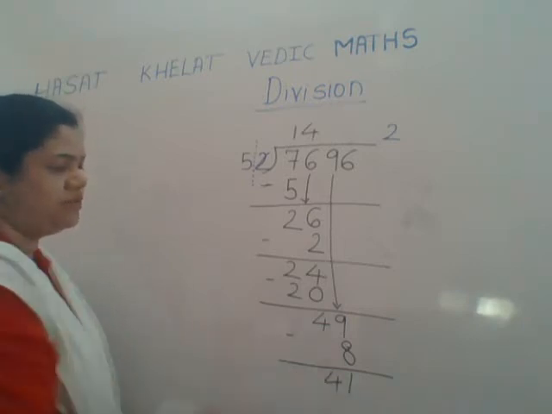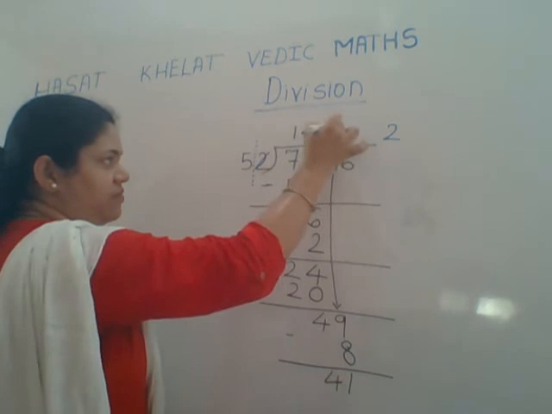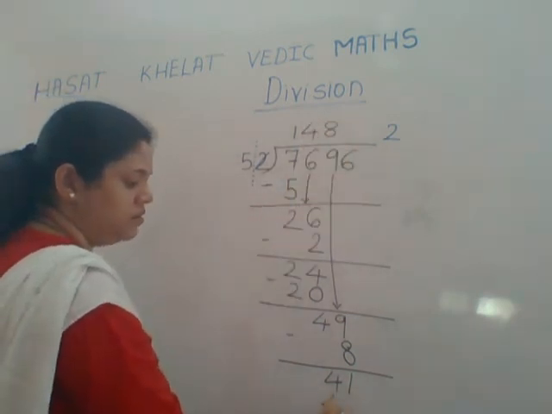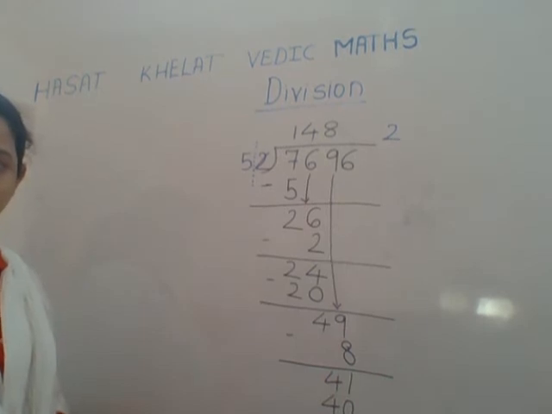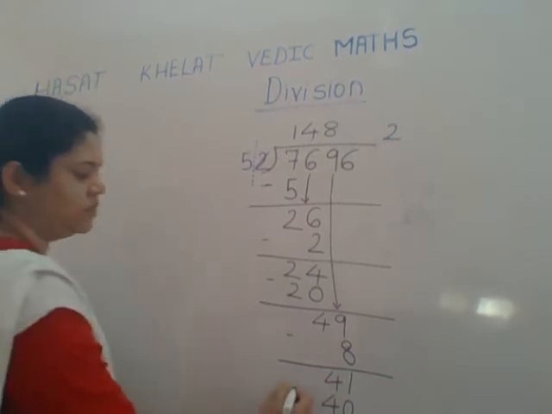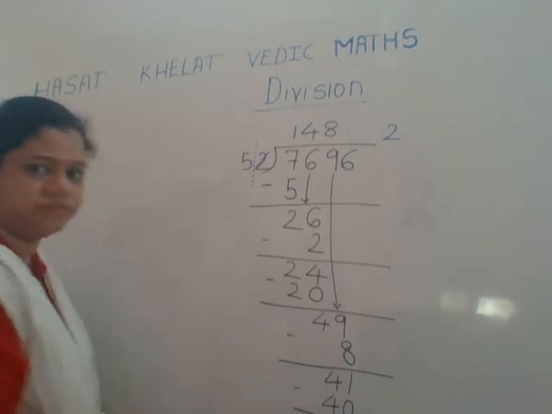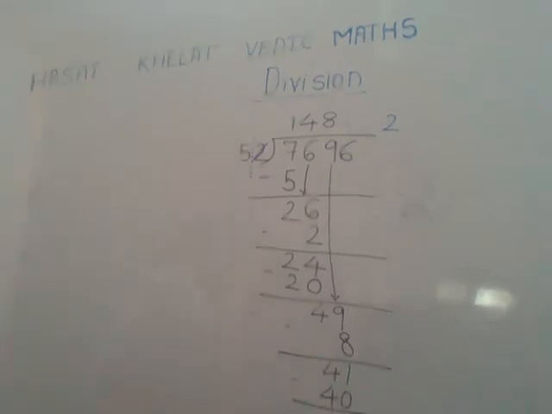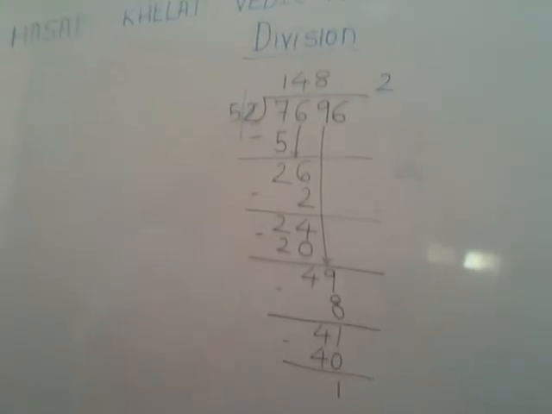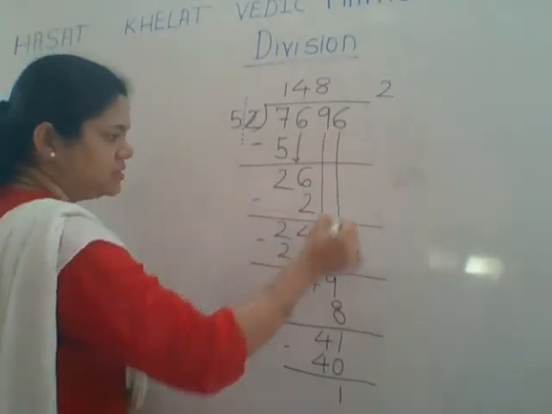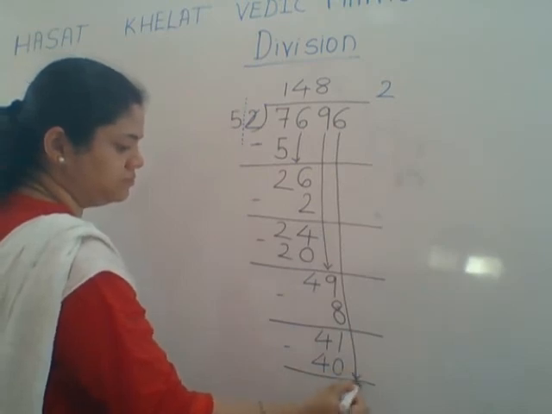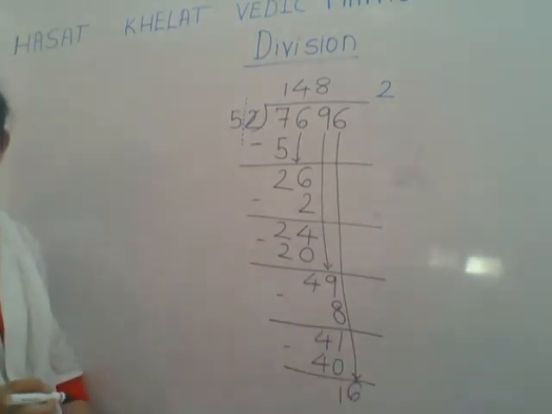Now this 41 is divisible. 5 8s are 40. What remained? 1. 1 is not divisible, so I will take this 6 down.